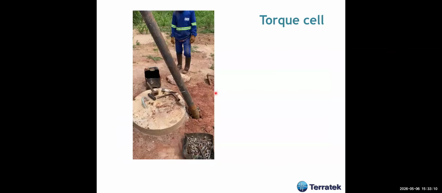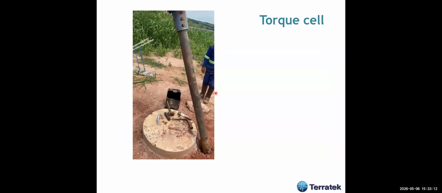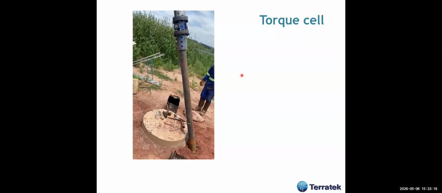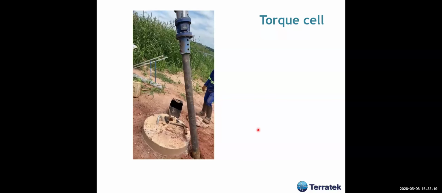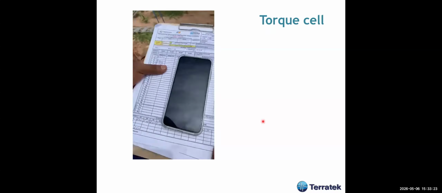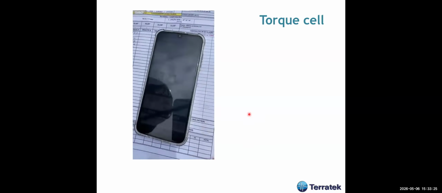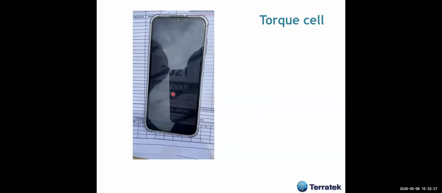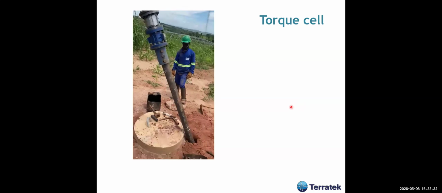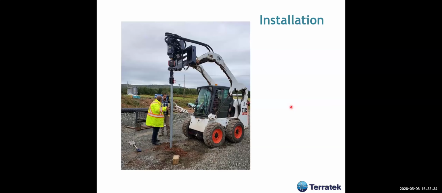So we always use a torque cell. I'm going to show you. By using this torque cell, we measure the torque, and this is a way of doing quality control.